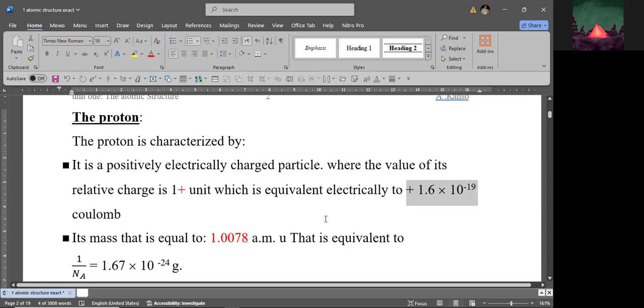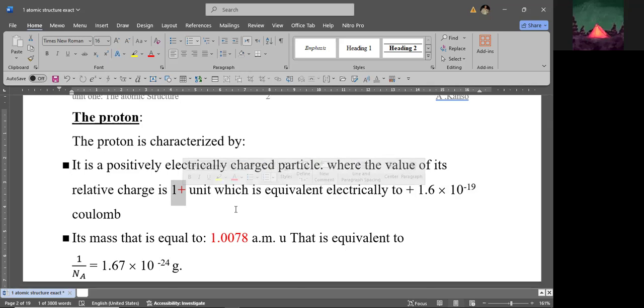But this is not to be memorized. You don't need to memorize this number. You just need to know that the electricity carried by a proton is estimated by 1 plus. If I have 10 plus, it means I have 10 protons, charged by 10 plus.